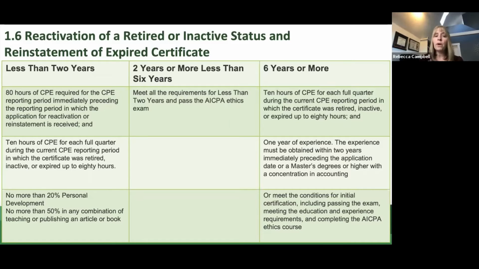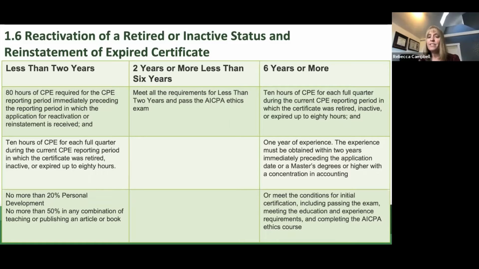If I go more than 2 years, I have to meet all the requirements for 2 years and I have to take the AICPA ethics exam. Okay, doable, not too bad. It's when you get into the 6 years or more that there's a lot more required, okay? So you have to have 10 hours of CPE for each full quarter during the current CPE reporting period in which the certificate was retired, inactive, or expired, up to 80 hours.